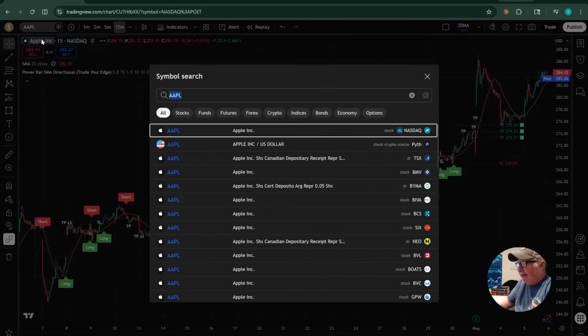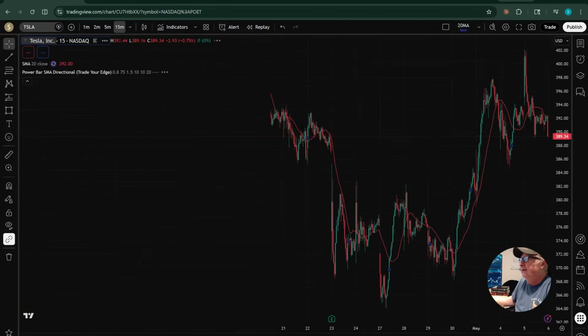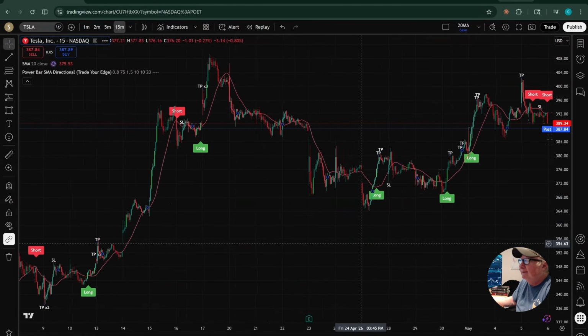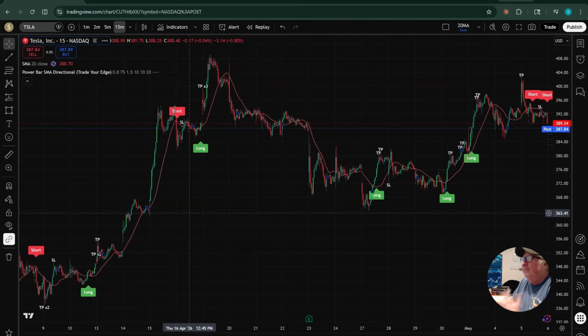So you can look at something like Tesla and see, would it have been a good stock over the past month or so to trade using power bars, again, on a 15-minute chart and with swing trades. And here's what it looks like. A winning trade. This is actually 1.5 times profit.